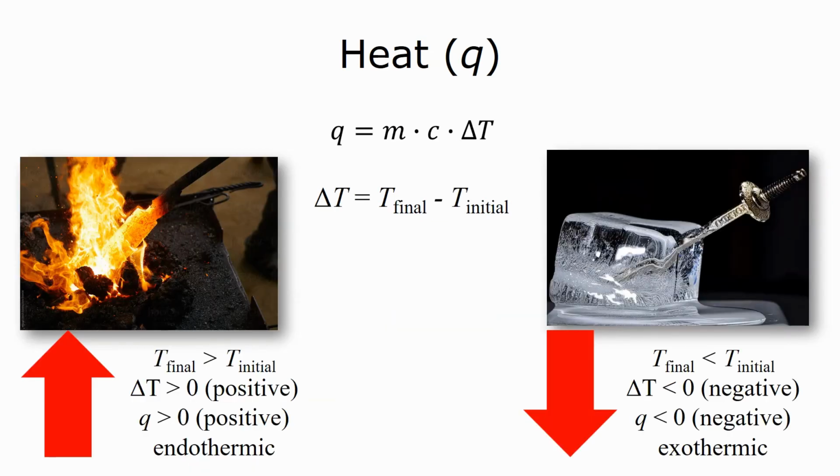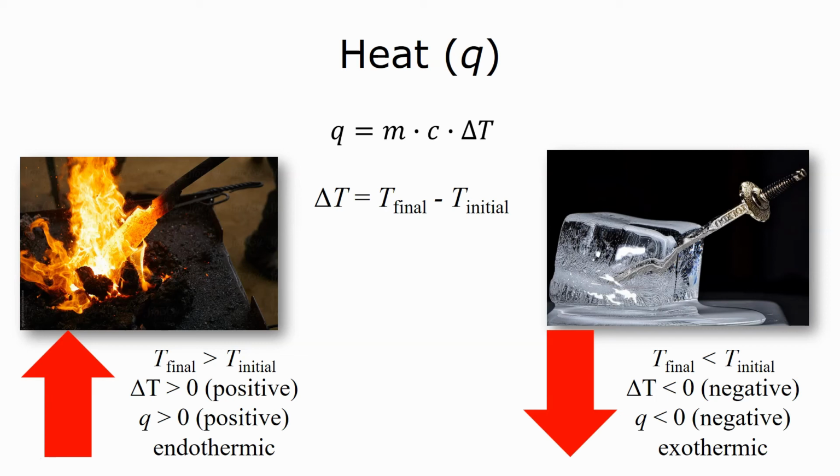Now, if we take a look at the change in temperature, we notice that if we put energy or heat into a substance or an object, well, that means its temperature is going to go up. And as we know, delta T, or delta anything, is the final state minus the initial state. So if you put energy into something and its temperature goes up, then delta T is going to be positive, which is going to make Q positive, because mass and specific heat are never negative.